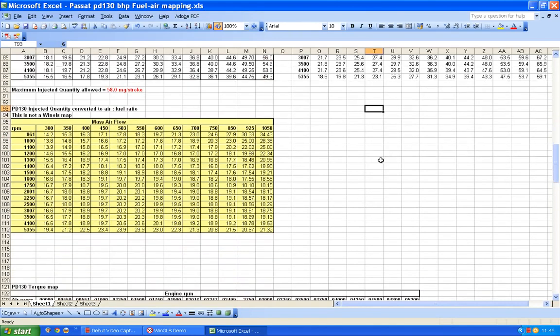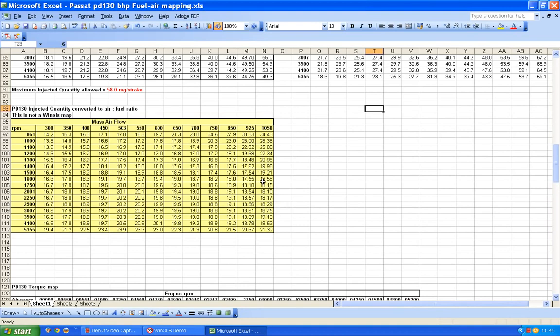Now, in order to get more air, we need to have a look and see what sort of fuel-air ratio we're going to consider acceptable. I suggest that we just look around here, which is our sort of maximum boost or air values anyway. And we've got 18.15, 18.1, 18.17, maybe 18.29.